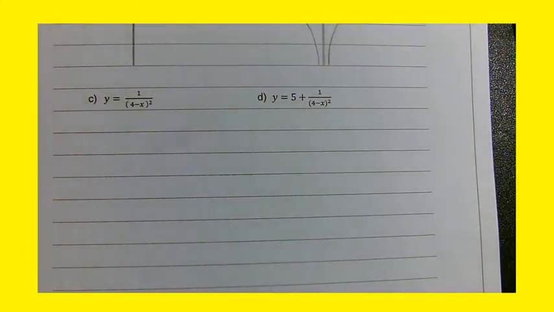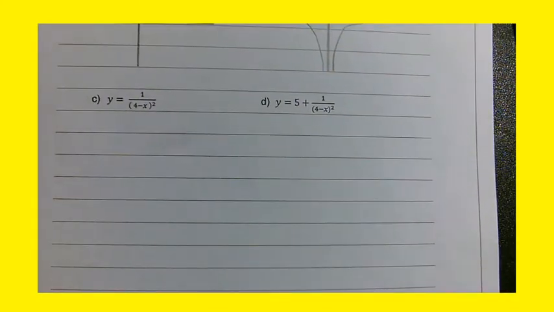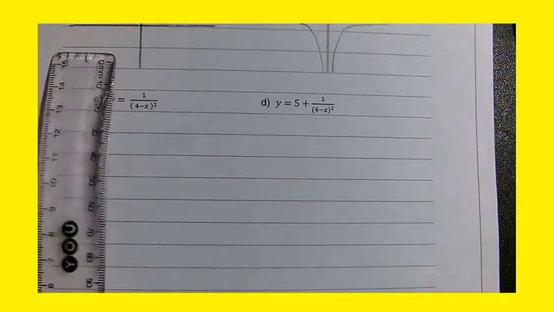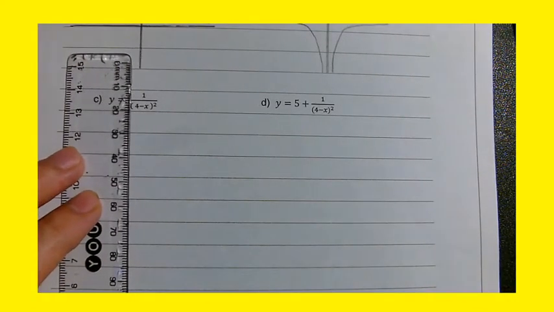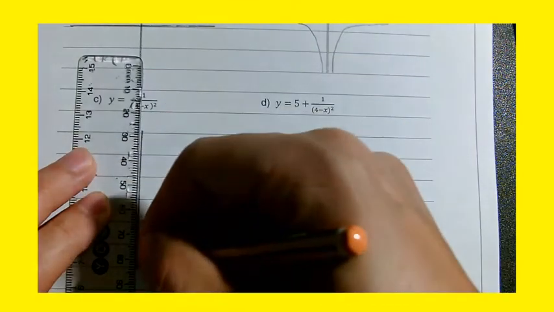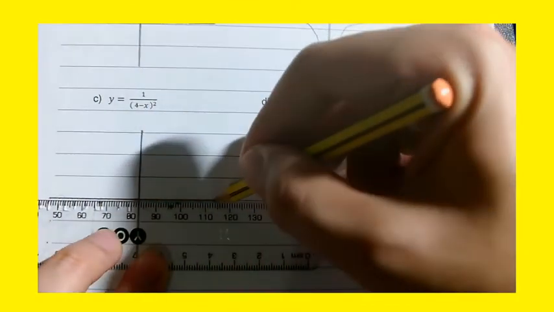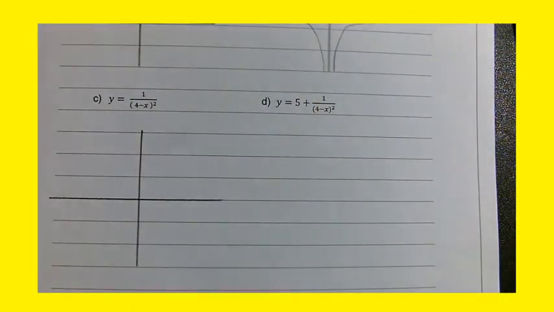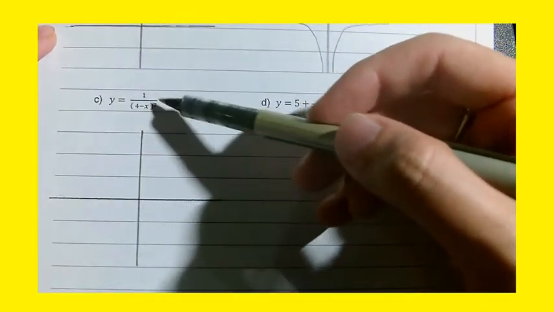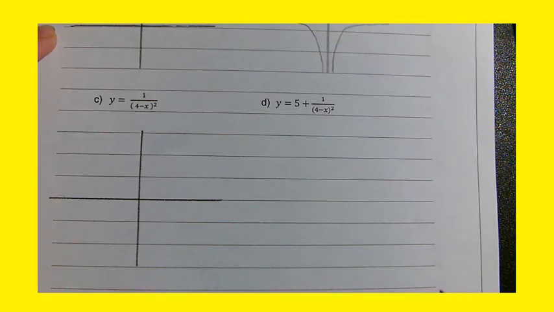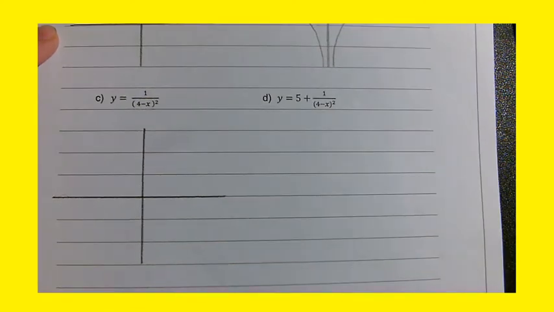So, we've got 1 over 4 minus x squared and 5 plus. So just draw the x and y axis. So 4 minus x squared is at the denominator instead of x squared. We've got to think really carefully about this.